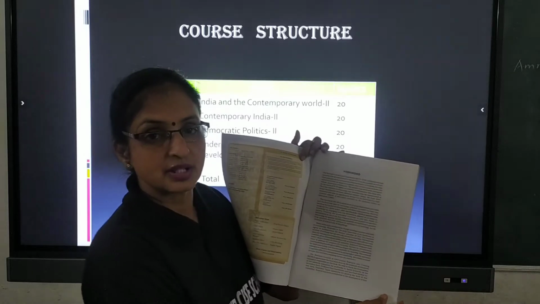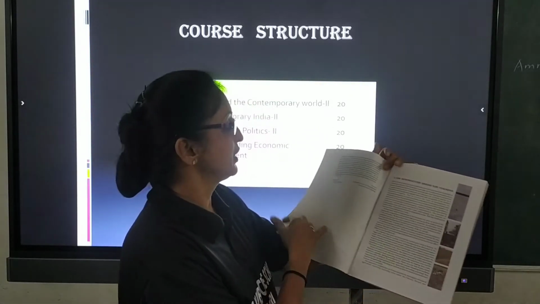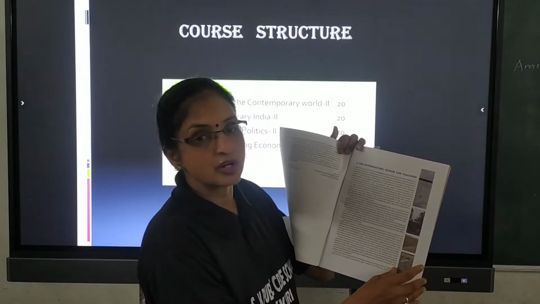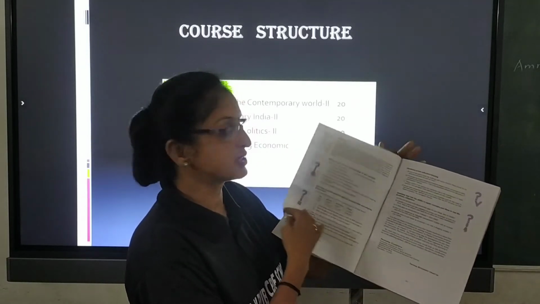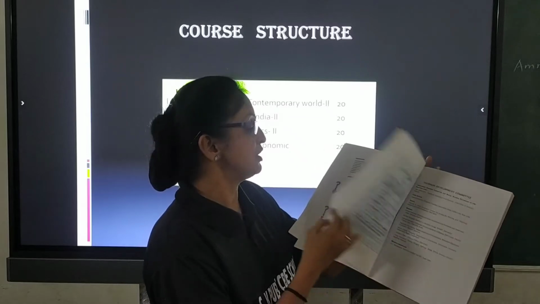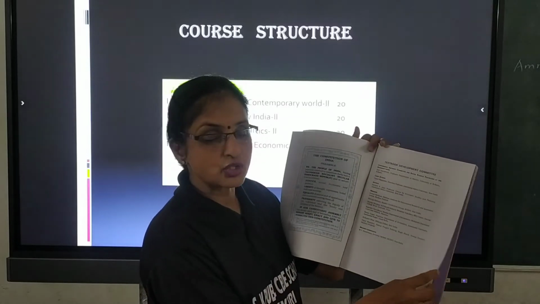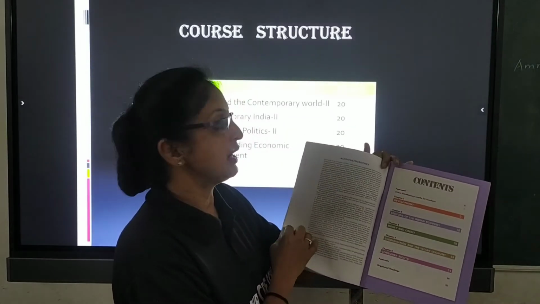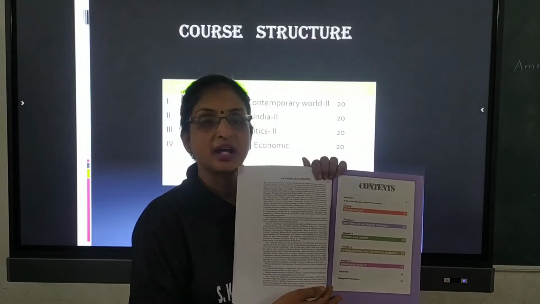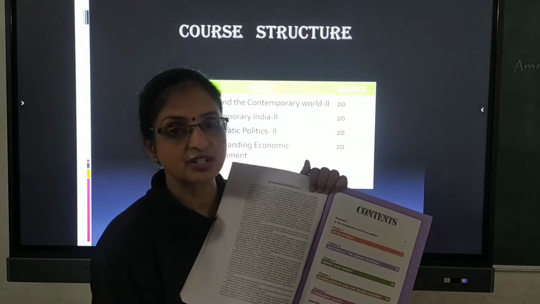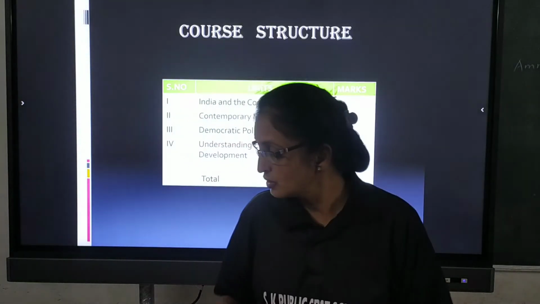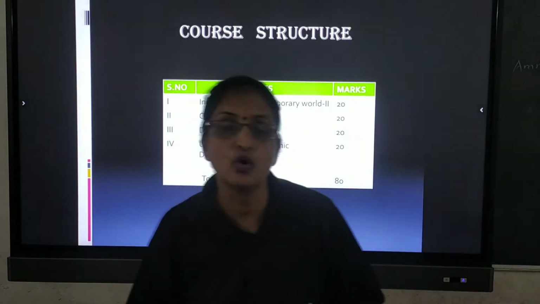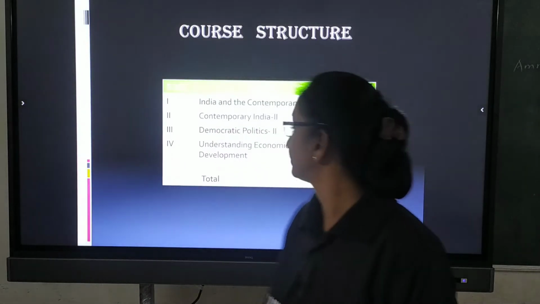Here it is the same foreword, a few introductory words for teachers, features of this textbook, the evaluation part, the Constitution of India, and next the acknowledgements, and then starts the content of the book. So this is all you should know about the textbook.